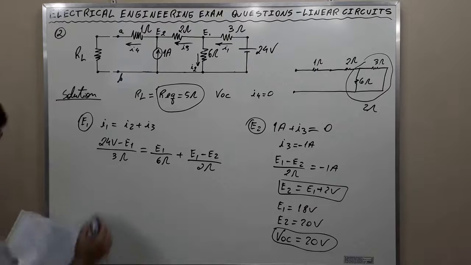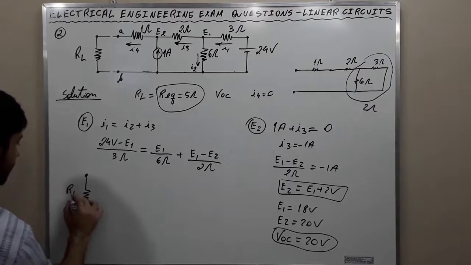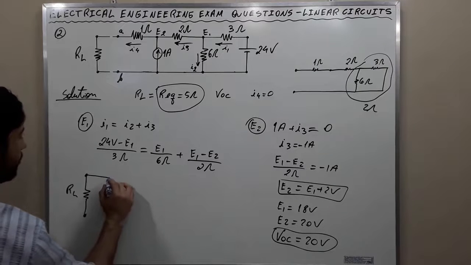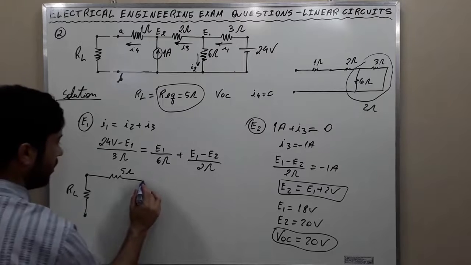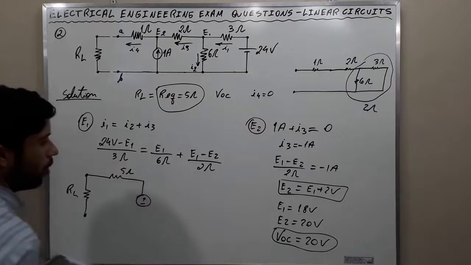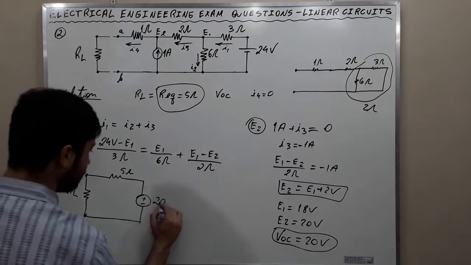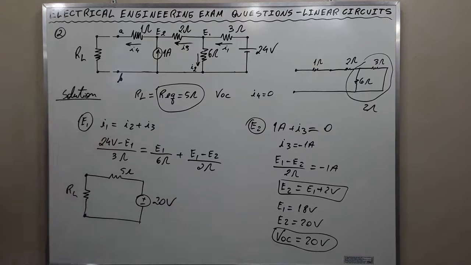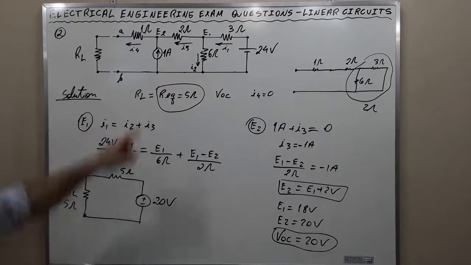Then the circuit is going to be the load, the equivalent resistance in series, and the open circuit voltage. Okay? We already know that here is also 5 ohms. We talked about this in the beginning of the video.